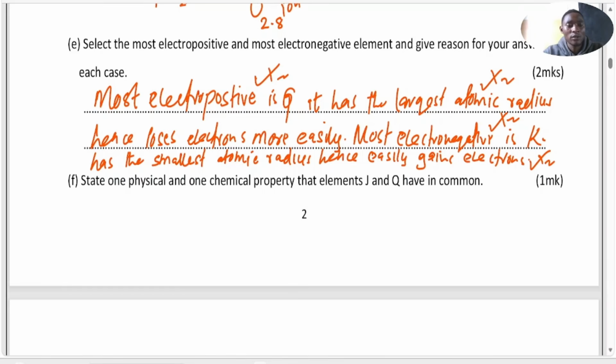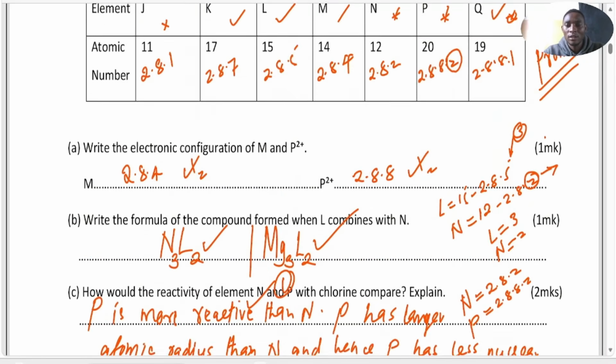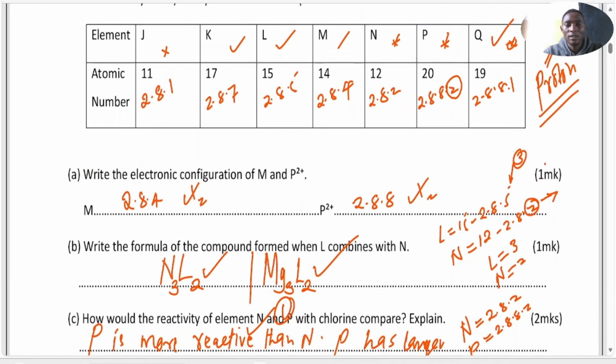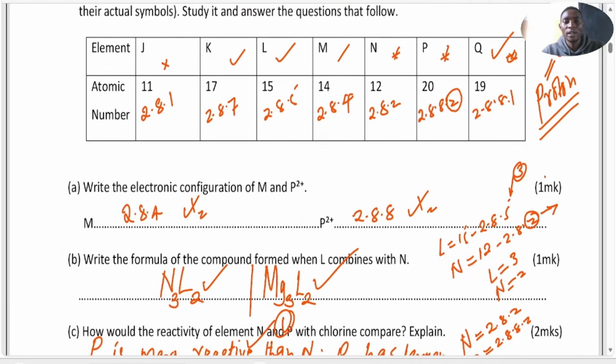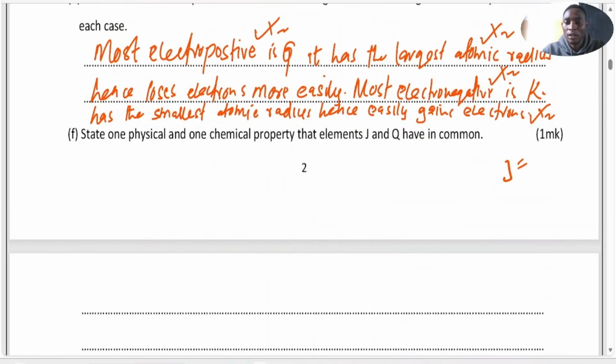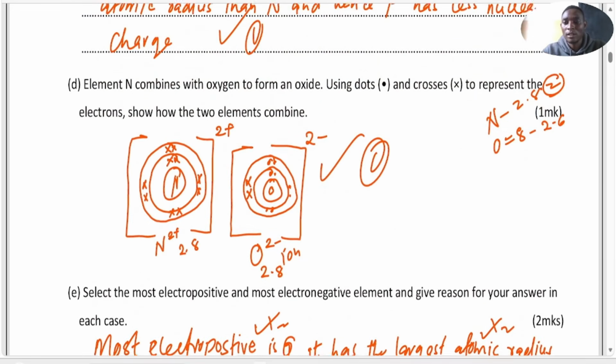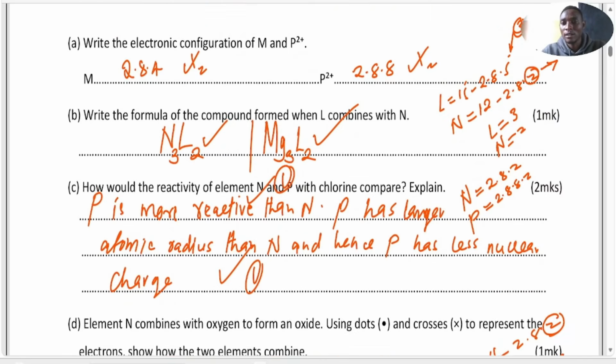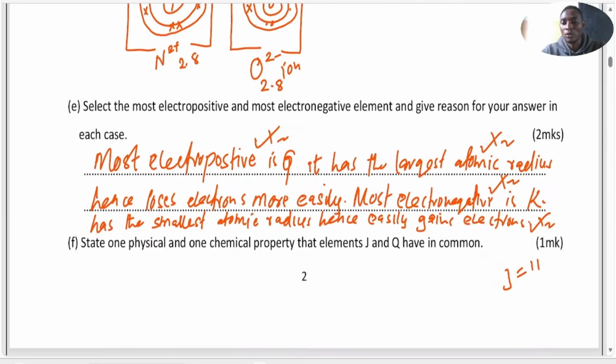Next question. State one physical and one chemical property that elements J and Q have in common. Let's look at J. J is sodium, that is 11 protons. So J has 11 protons and Q has 19 protons.